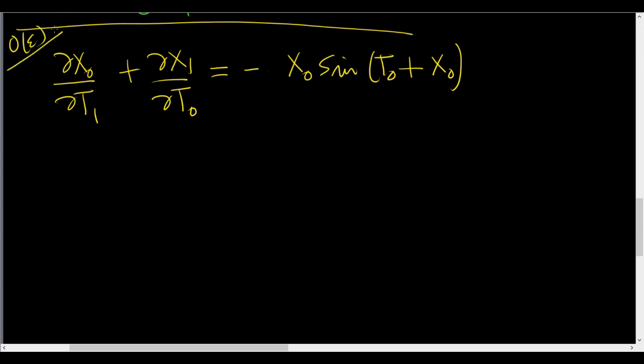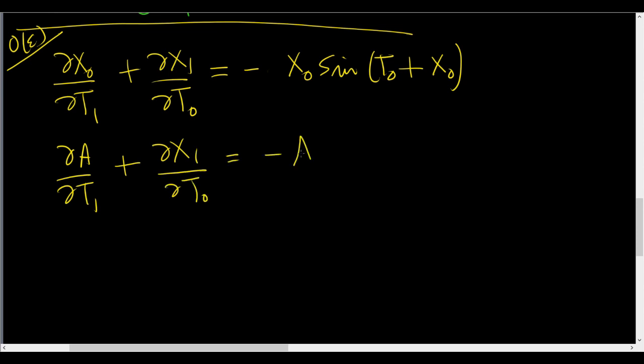Okay. Now x0 is a of t1, so this is del a of del t1 plus del x1 of del t0 is equal to minus a of t1, the sine of... have I got sine squared?